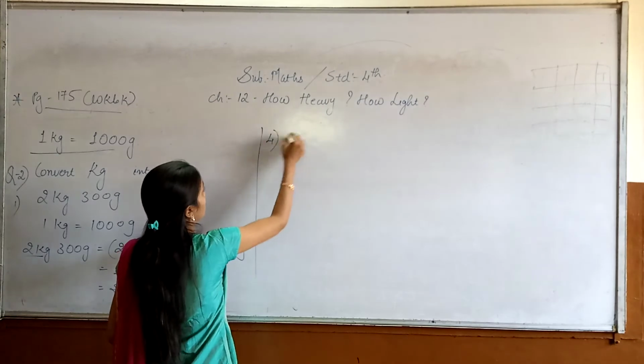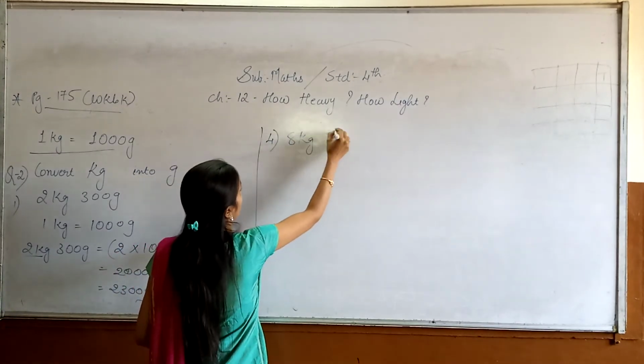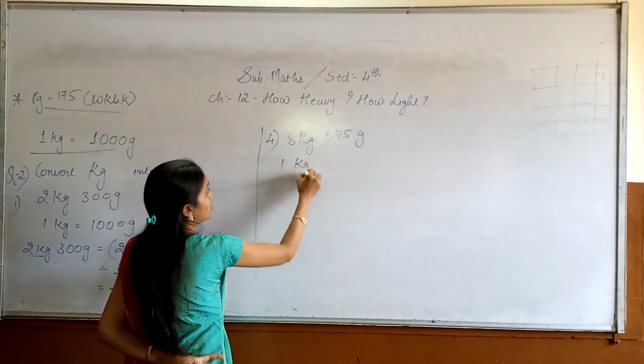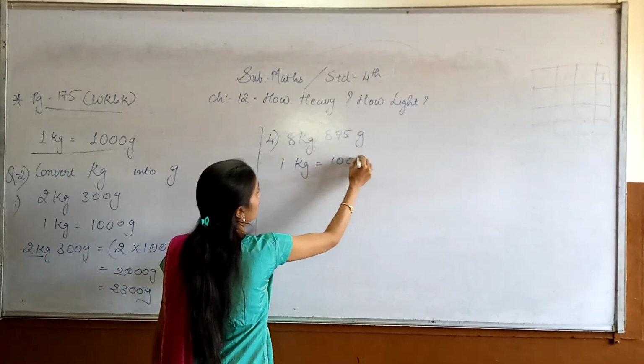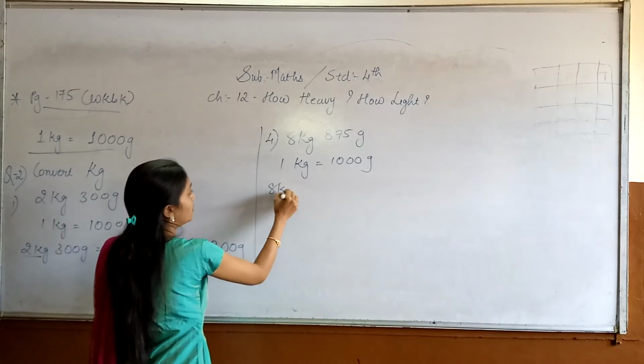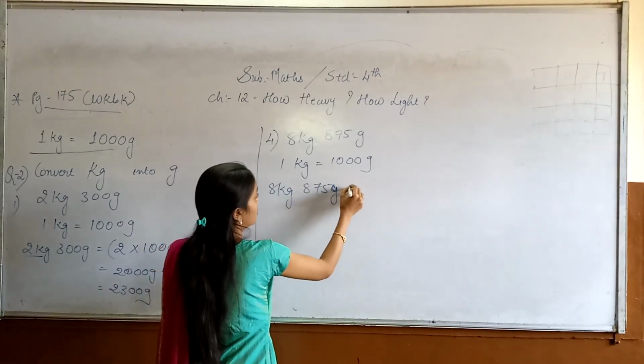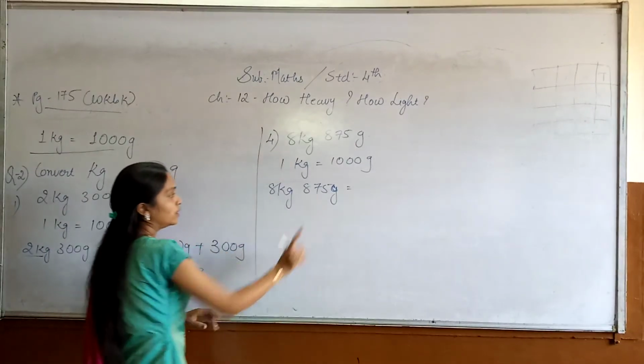Next is given 8 kg 875 grams. Fourth one, 8 kg 875 grams. So here we write 1 kg equal to 1000 grams. So 8 kg 875 grams equal to, see this is already given in grams.